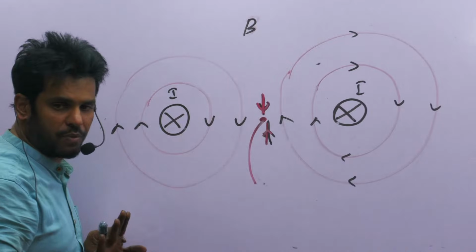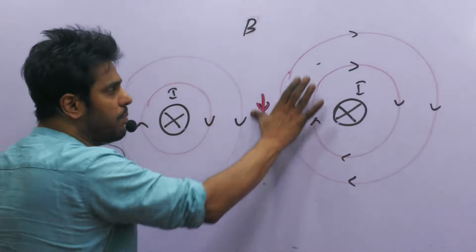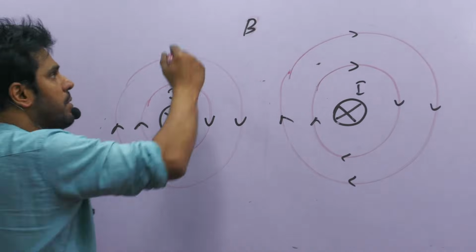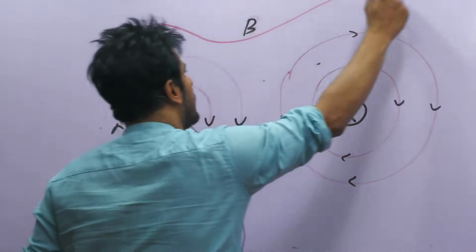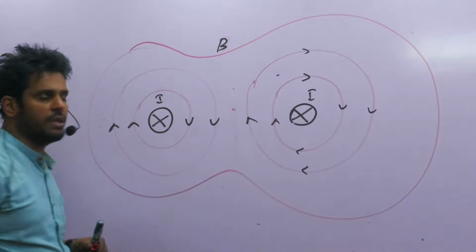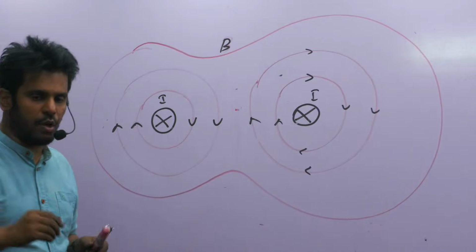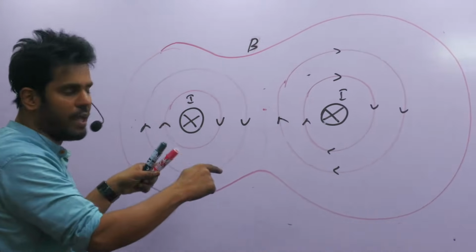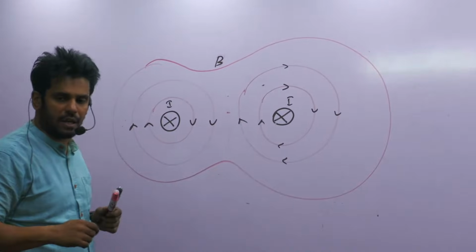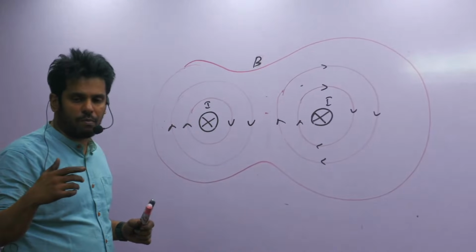So that's why when we draw the magnetic line diagram, you do not draw the magnetic lines here. At that time, you have to draw like this. Because at the midpoint of the wires, they do not make magnetic field. Now, this is the theorem. When you have two parallel wires, this is the theorem to draw the magnetic line diagram. At the midpoint, they have no magnetic field.